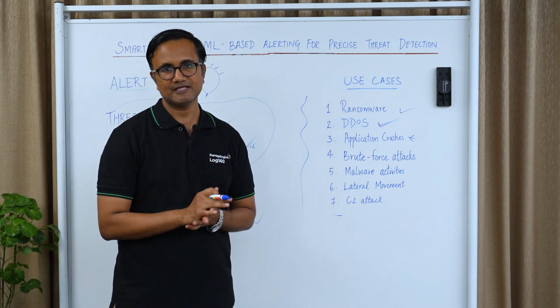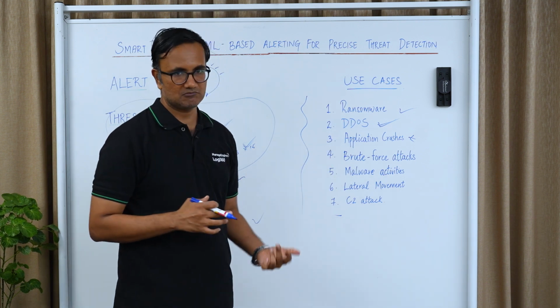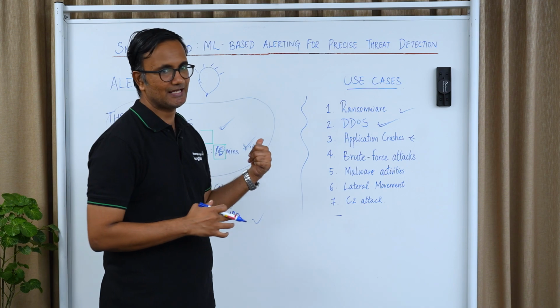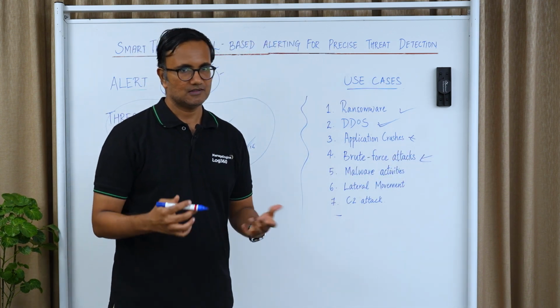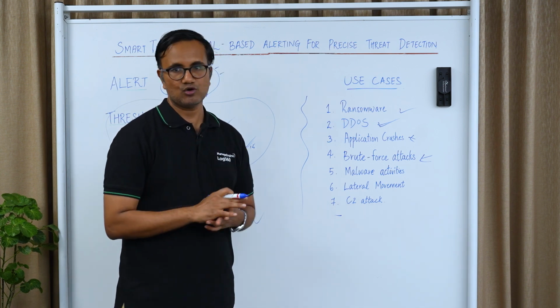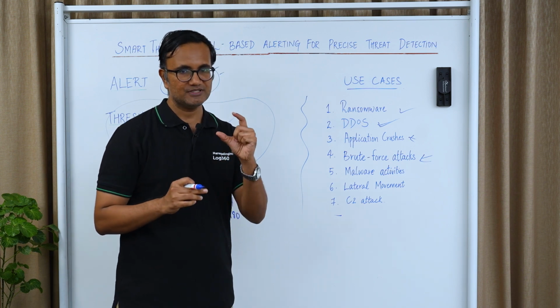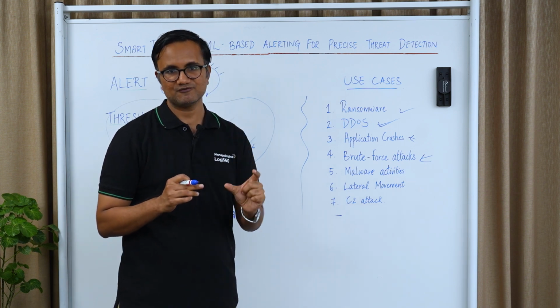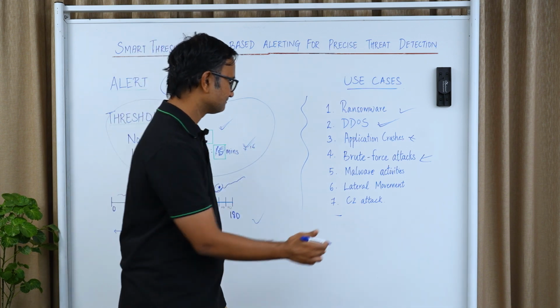A whole lot of application crashes are happening, much more than what is expected. So yet another thing where a security analyst can use the smart threshold. Brute force attacks. I took this example some time back as well. A lot of log-on failures and then followed by a success. Now, what would be the critical number or the threshold number for the failures? It's smartly done. The smart threshold kicks in as well.